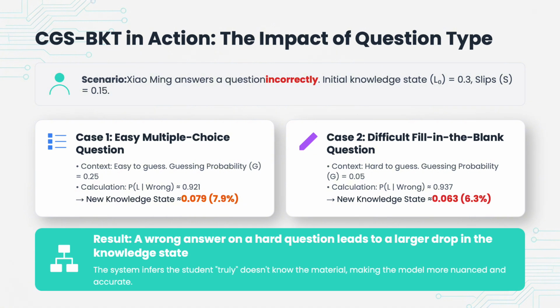But what if the question was a difficult fill-in-the-blank? It's much harder to guess, so we set G to a low value, like 5%. Now, the same wrong answer results in his knowledge state dropping even further to 6.3%. The system correctly infers that getting a hard question wrong is a stronger sign of not knowing the material. This makes the model much more nuanced and accurate.